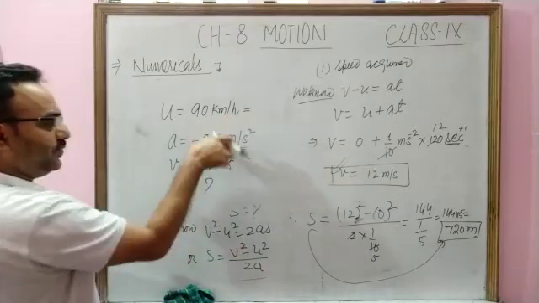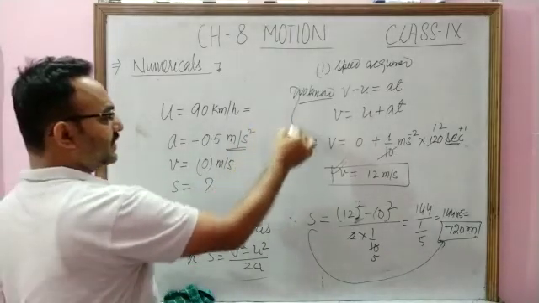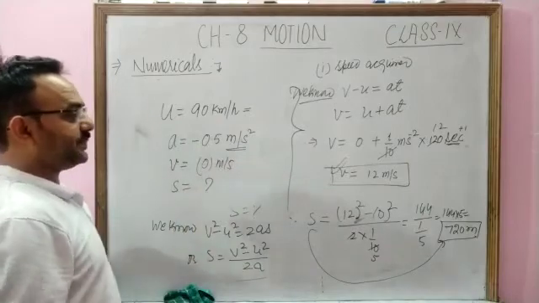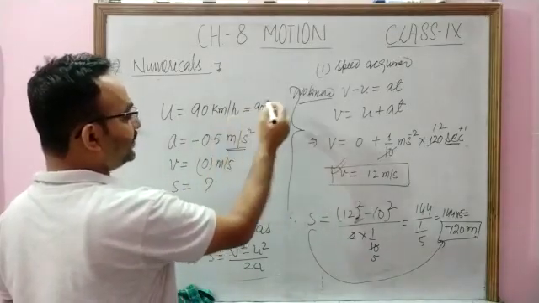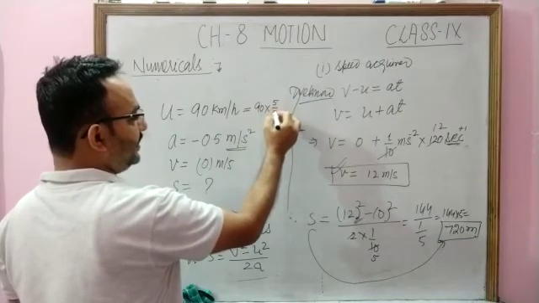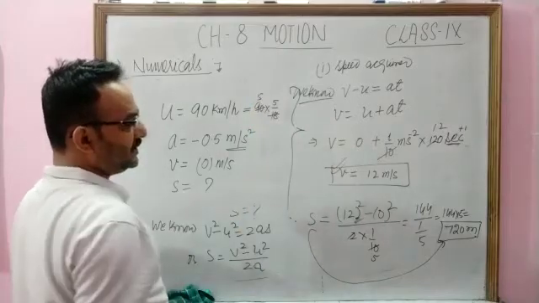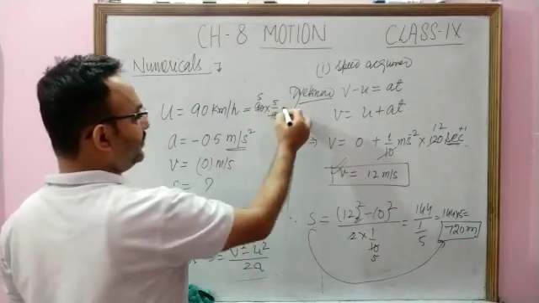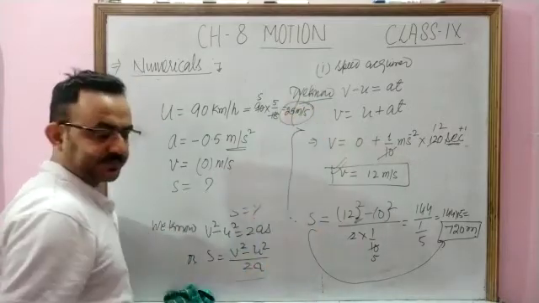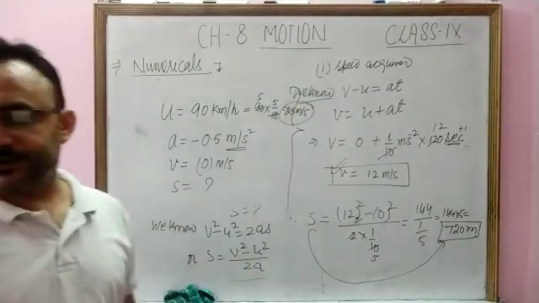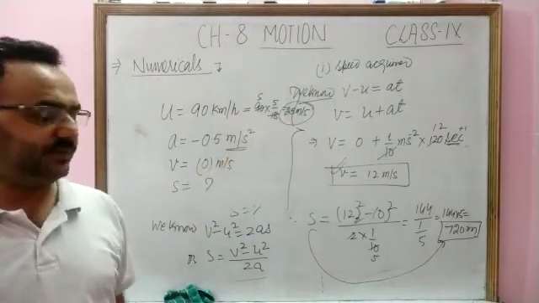First of all, this is the hint: you have to change the units because the units should be the same. As we have already studied, 90 km per hour, directly you may write 5 upon 18 into 90, it will be equal to 20 meter per second. Velocity u has the value 20 meter per second.